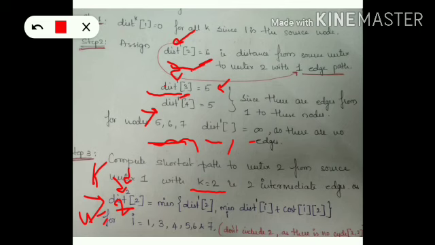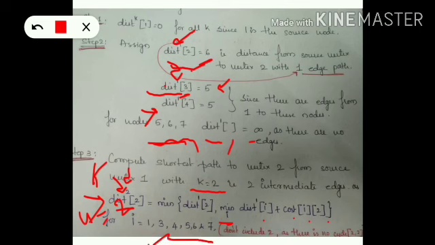dist raised to 1 of 2, minimum of i, where i is nothing but the iterations, dist raised to 1 of i plus cost of i, comma, 2. So i's value will range from 1 to 7.